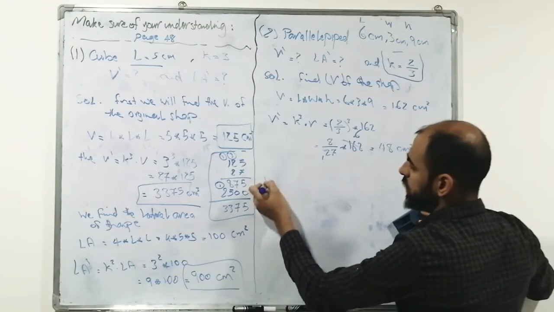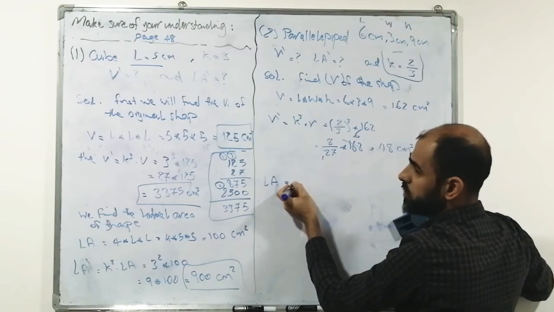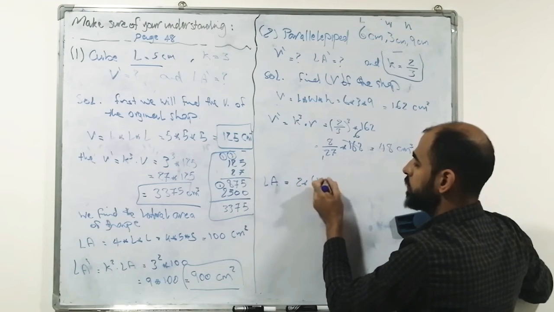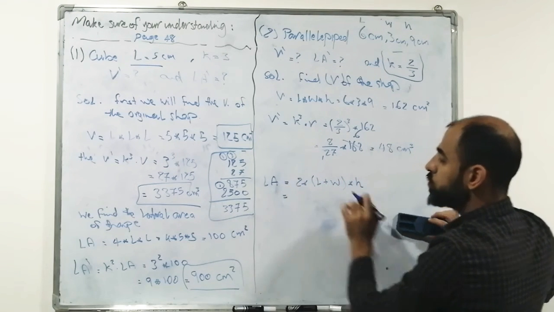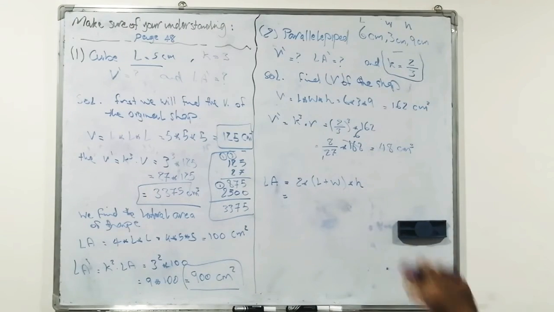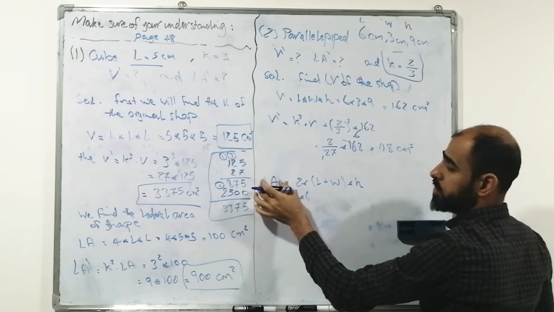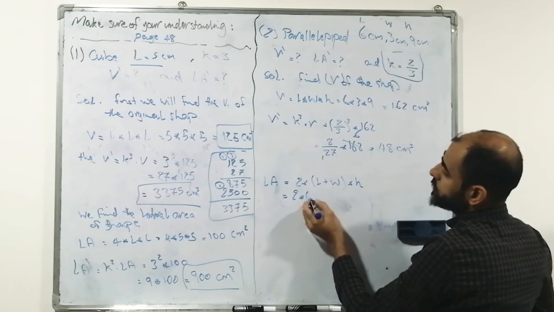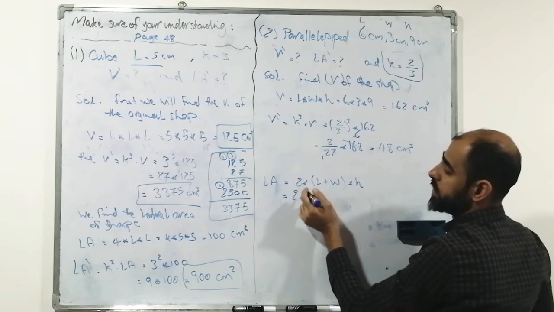In the same way we find the lateral area of the original shape. The law of lateral area, if you remember it, is 2 by (L plus W) multiplied by height. This is the law of lateral area of a parallelepiped: the perimeter of the base times the height.